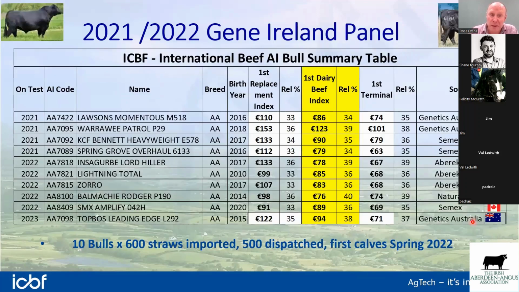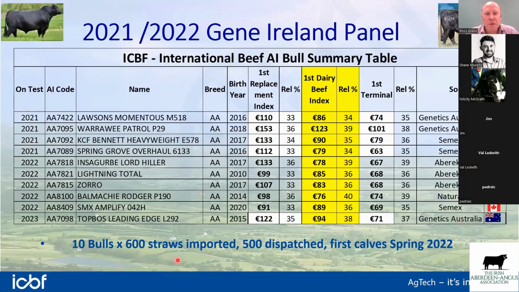And look, this is just an indication of our 2021 Gene Ireland Angus bull panel. You can see there are several different countries represented here. We have Australia, CMX from Canada, the Czech Republic, Spain, and Australia again down there at the bottom.